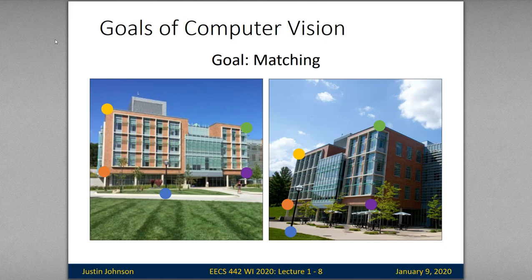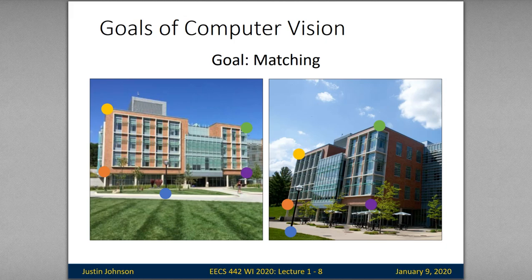In order to find out the 3D structure and also to compare the view that is in the sight of the camera to some examples which the computer vision system has seen before, we have to be able to find matching points between images.